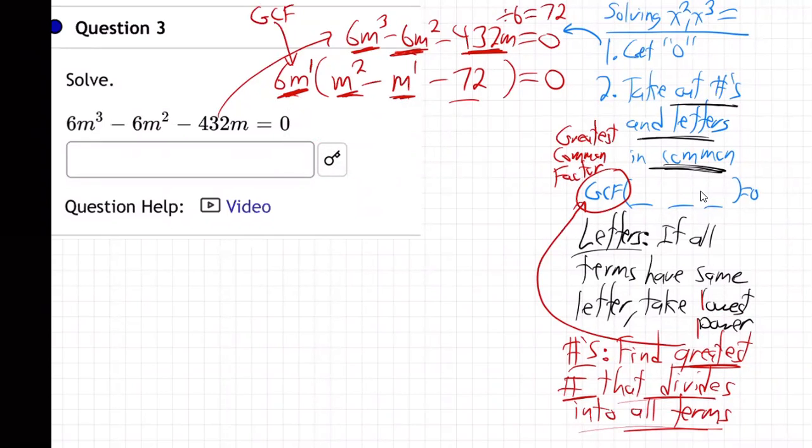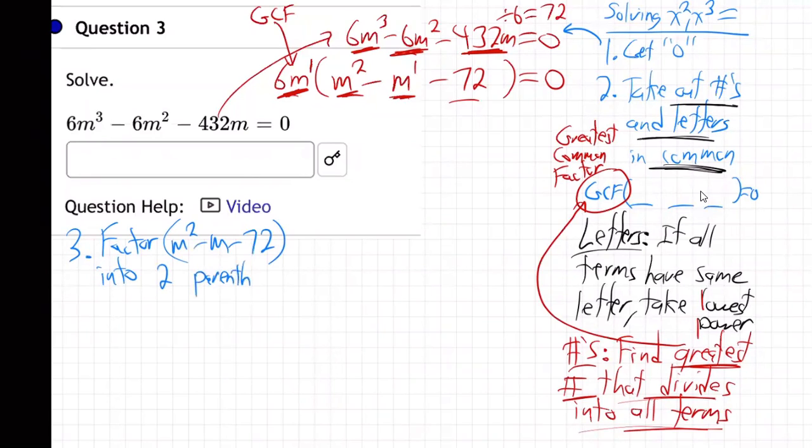I'll bring it over here, I guess, step 3. Step 3 is going to be factor the m squared minus m minus 72 piece into 2 parentheses.